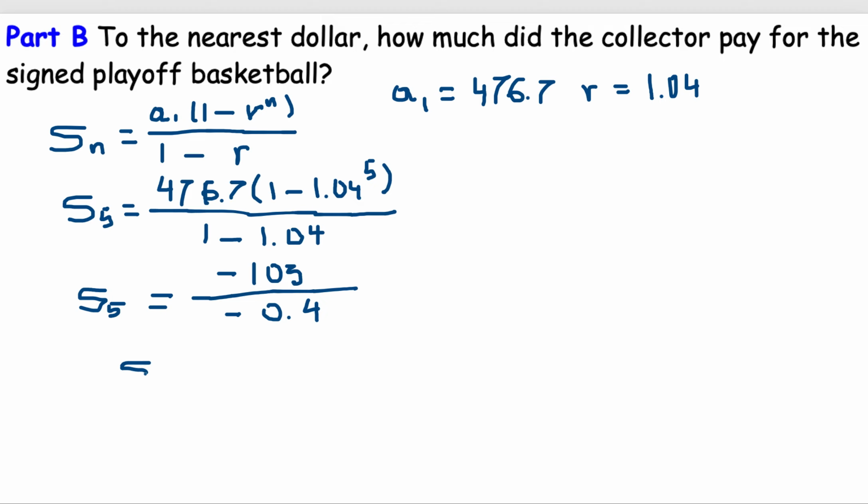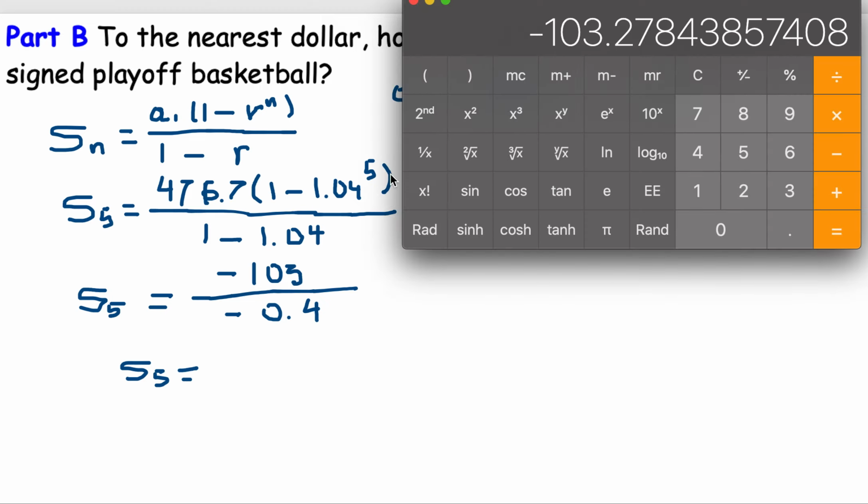And now S5 is equal to this. We are almost done. I have this value, and I divide it by negative 0.04, and what I'm getting is 2,581.9.